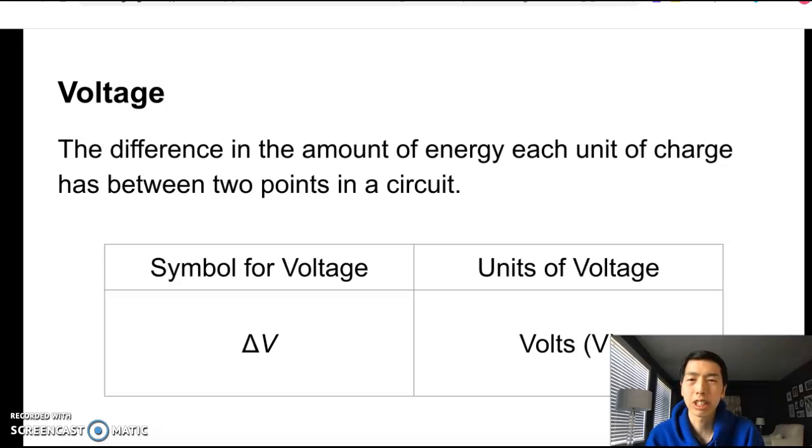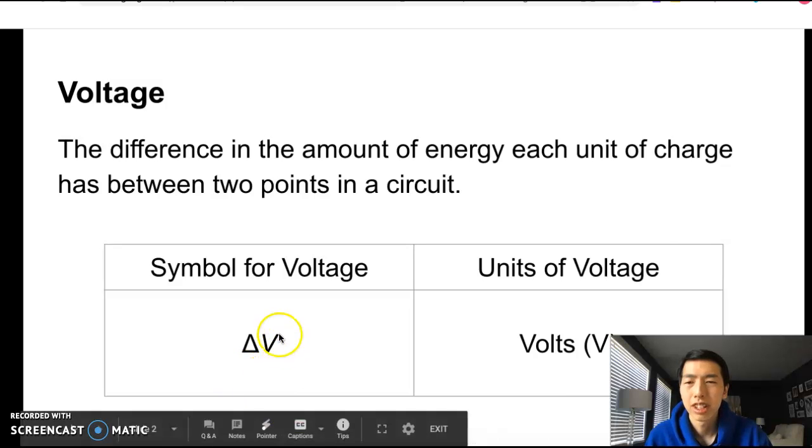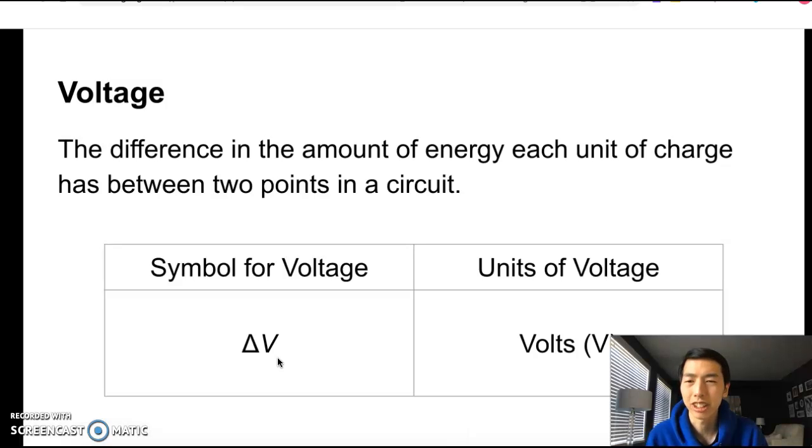Okay, so I said there are three quantities. Voltage is the first one. But for all three quantities, they have a symbol. So this symbol here, it's a triangle with a V. The triangle is called delta. It's a Greek letter. It's capital D in Greek, basically.